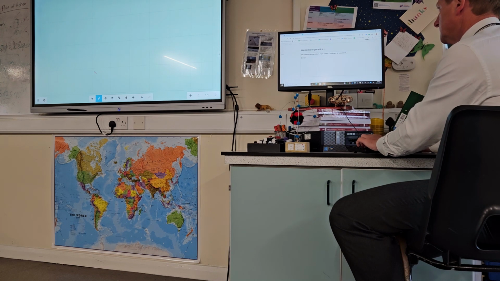Dominant will be expressed in the offspring. Recessive will only be expressed if there is no dominant competing with it.